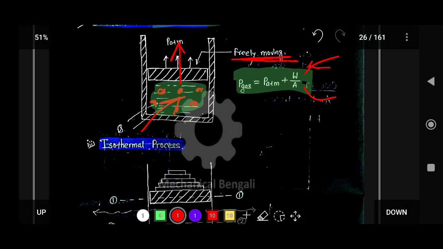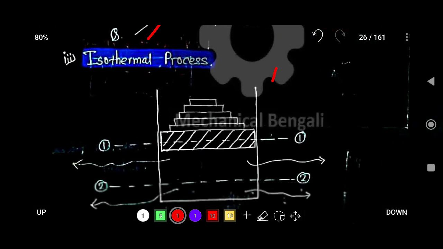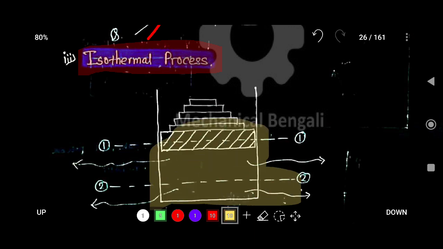Next is the isothermal process. How to understand that this is an isothermal process? Suppose this is our system.